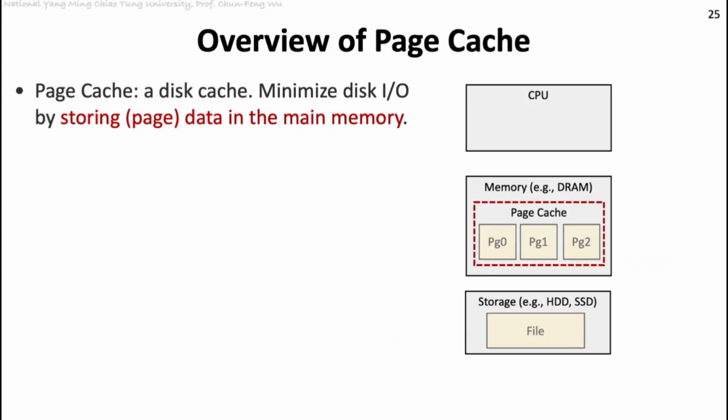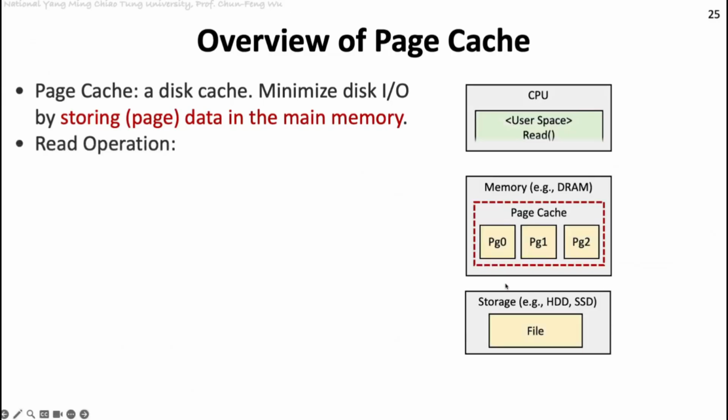So this is the page cache, and now for the read operations, you can think about a user process that is going to read data out. If the user process sends a read operation to the system, we need to call a system call, because we are going to access the storage device.